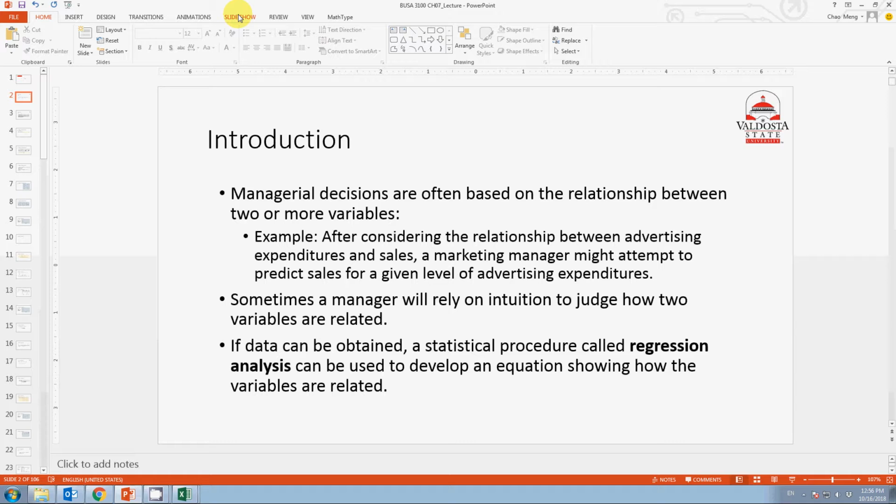So why are we doing this regression analysis? When we make decisions, when we make predictions, we need to find the relationship between different variables. For example, if you want to do some advertisement campaign or some promotion, you want to find the relationship between the revenue or the sales and the money you put in your advertisement or promotion.